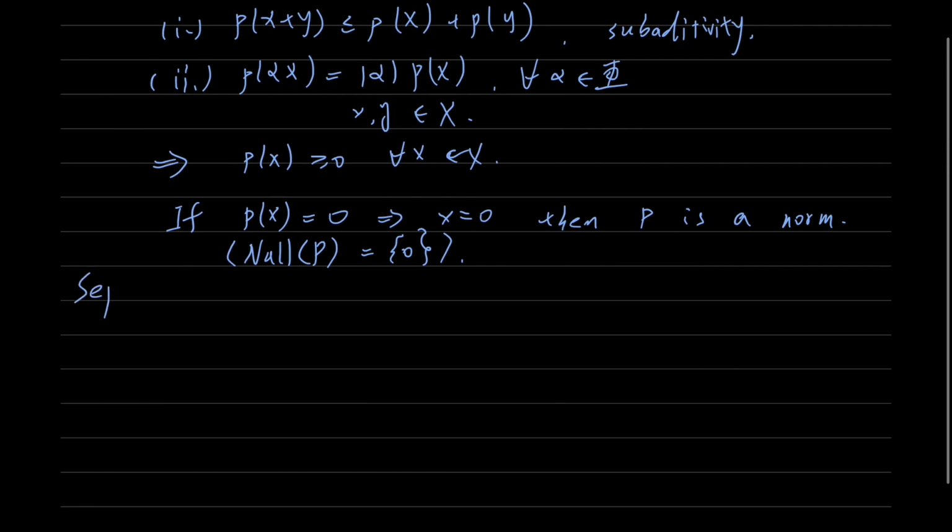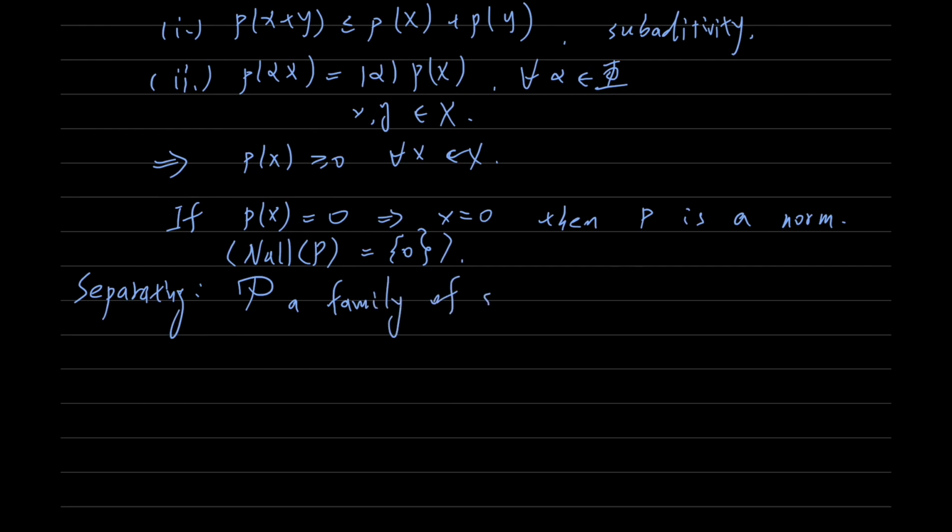Next, we have separability, or separating, of a family. So P is a family of seminorms, say p_α, for α in an index set.